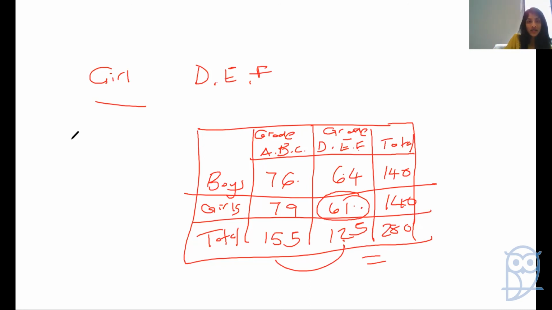I'm sure you all have your calculators on you, and your answer is going to be 0.217, whatever. If we have to work it out in percentage, it'll be 22%. So the probability that a student is a girl with a grade D, E, or F is 22%.